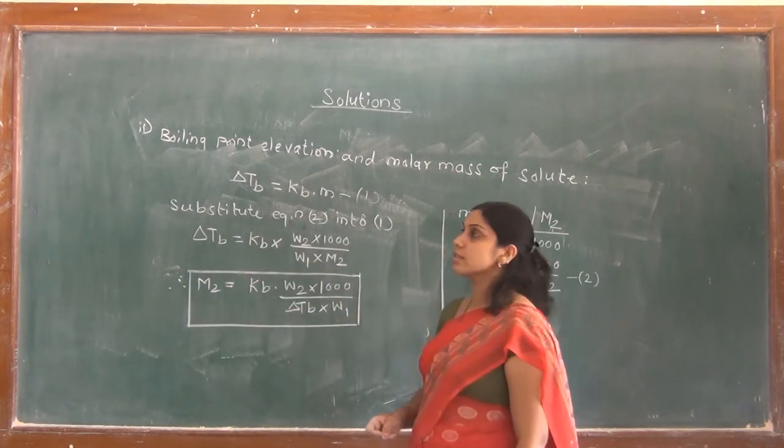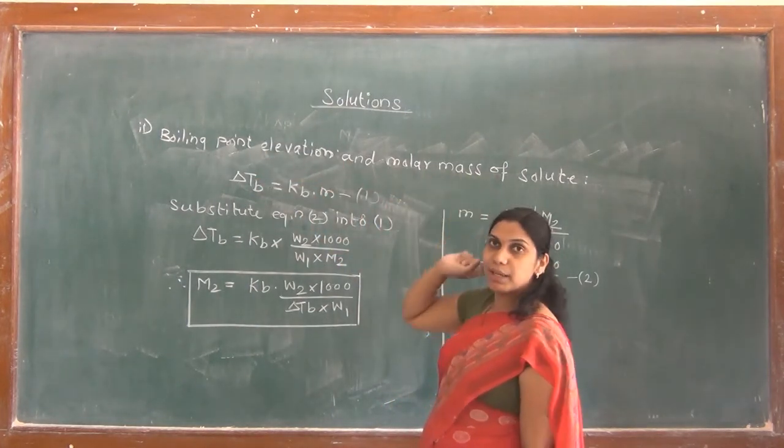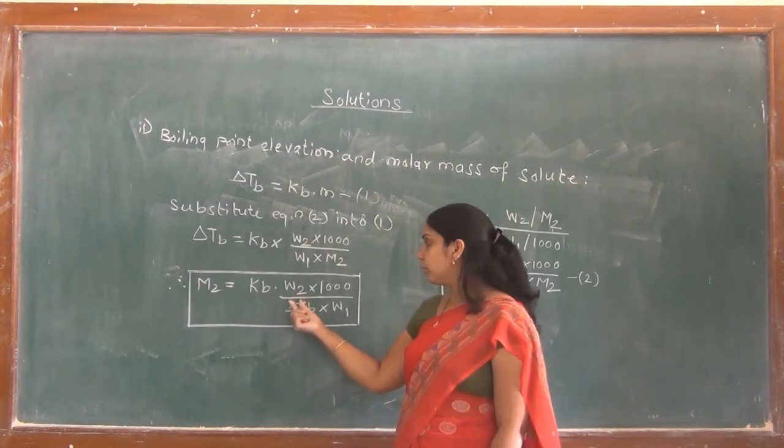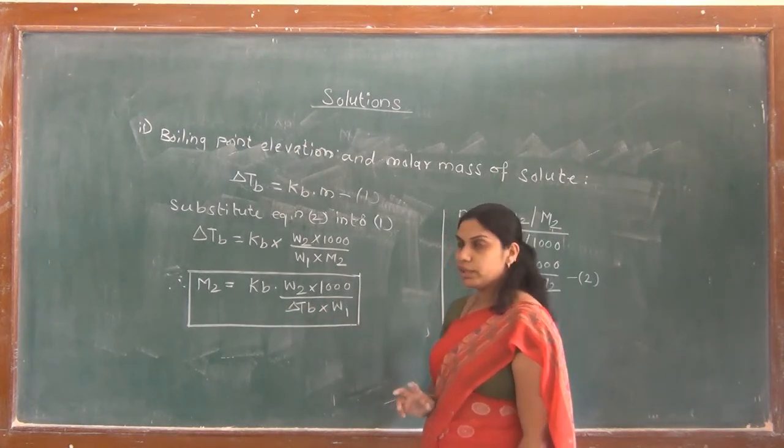This formula is the relation between boiling point elevation and molar mass of solute. What is the formula? M2 is equal to Kb into W2 into 1000 divided by delta Tb into W1.